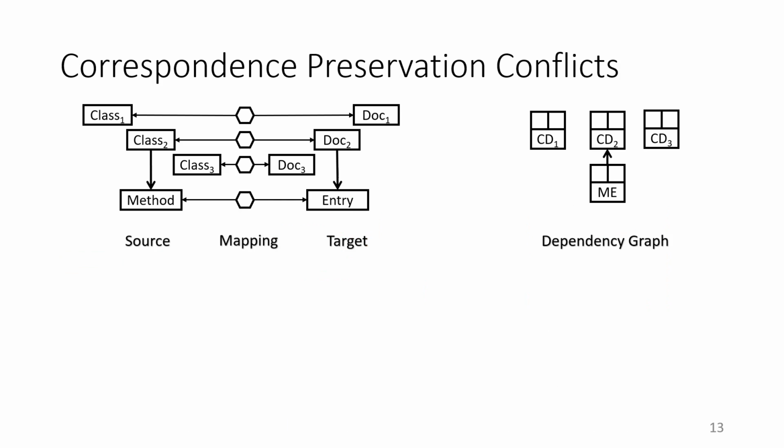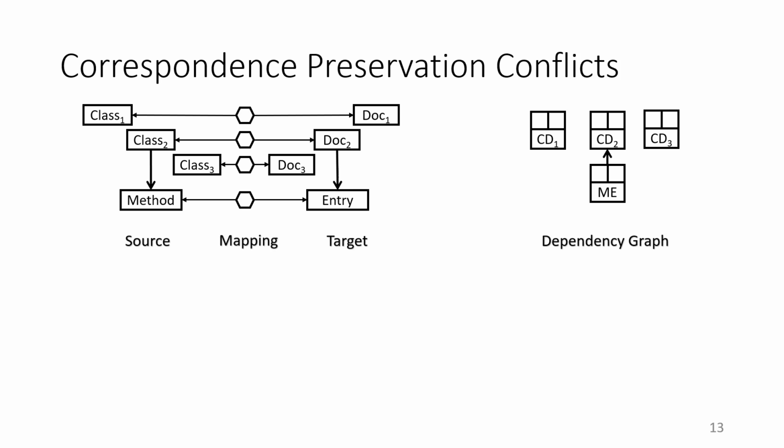Another kind of conflict that I want to show you is what we call a correspondence preservation conflict, which again can be detected using our dependency graph. However, it requires a slightly different example, which you can see here, where we have three classes with corresponding documents on the other side.